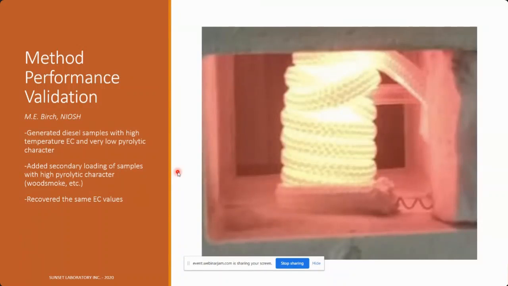This has been done many times since, but if anybody would be interested in understanding more about the validation process, I would point you to Eileen Birch.